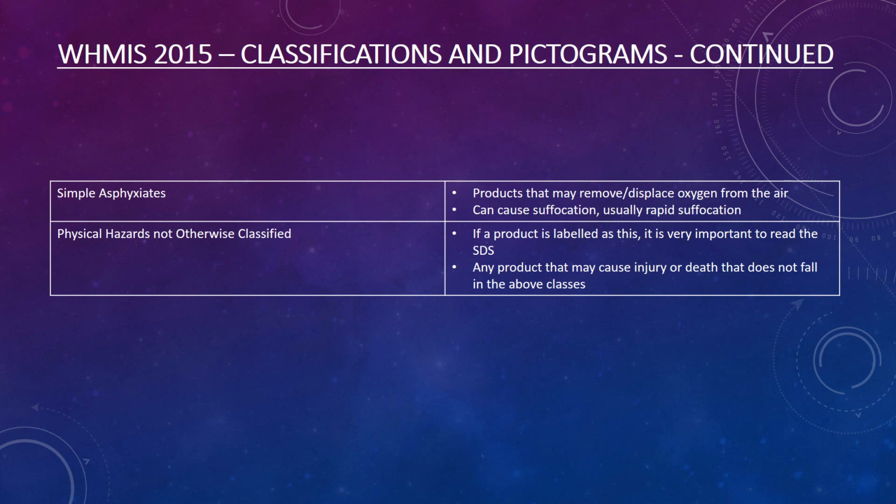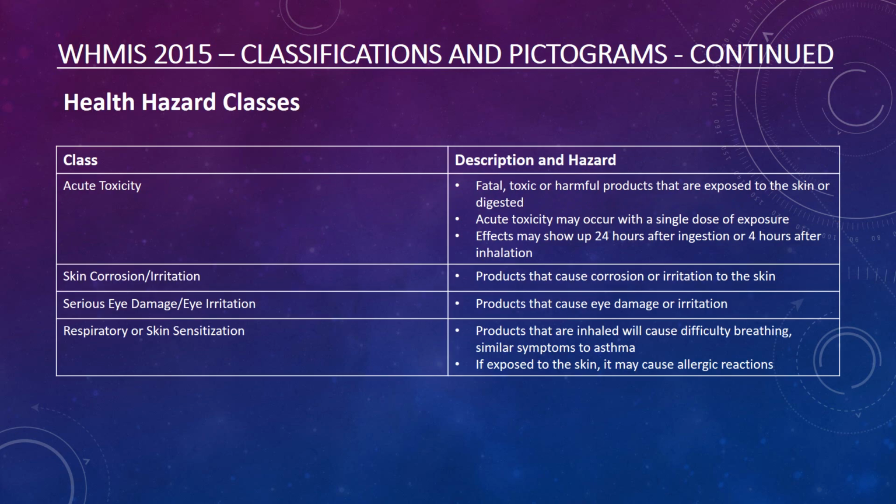Physical hazards not otherwise classified. Description: if a product is labeled as this, it is very important to read the SDS. Any product that may cause injury or death that does not fall in the above classes.